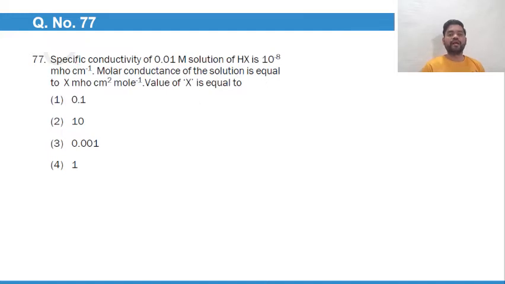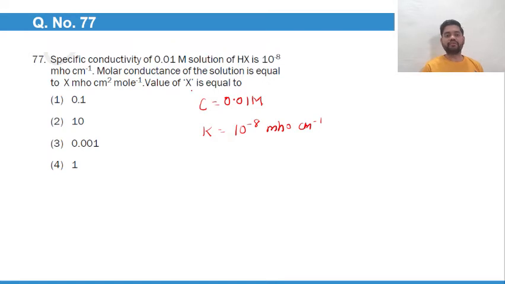77. Molar conductivity of concentration is given as 0.01 molar of solution. Specific conductivity of 0.01 molar, so K is also given, that is 10 raised to minus 8 mho centimeter inverse.